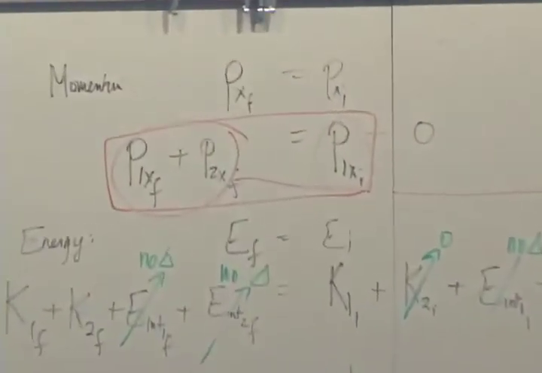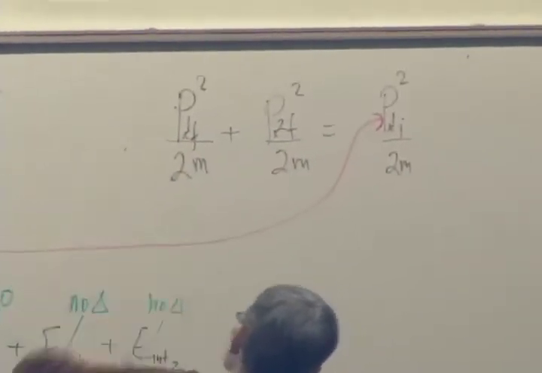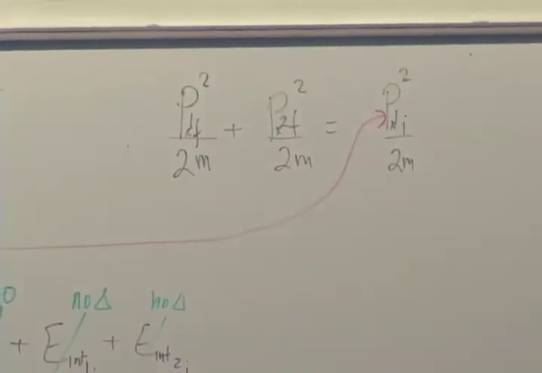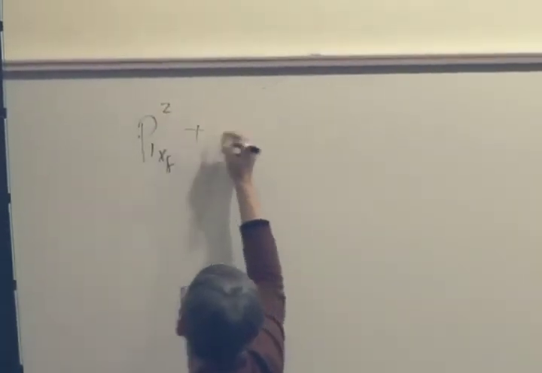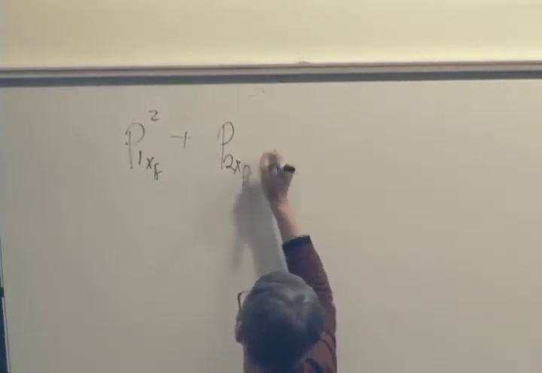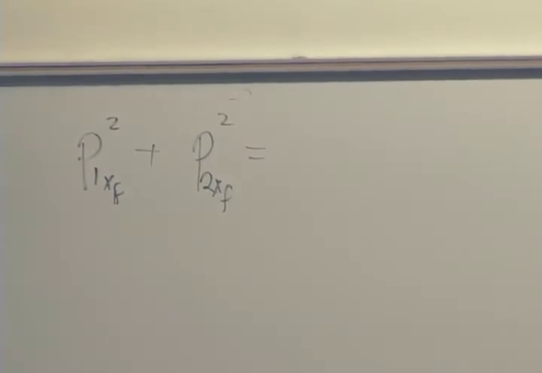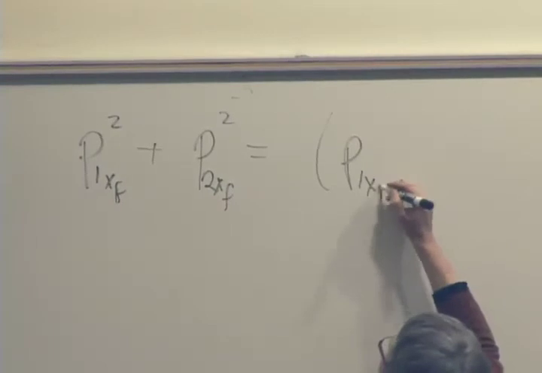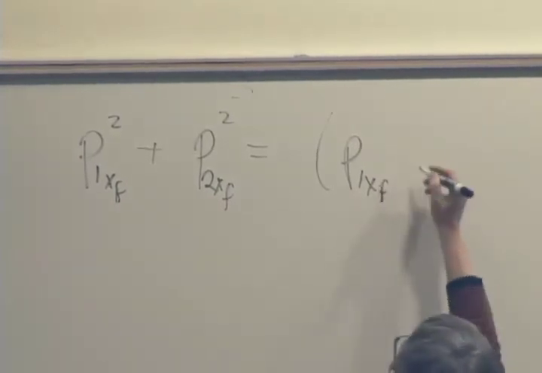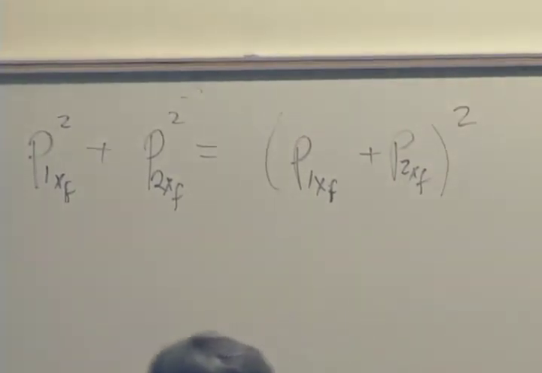So let's rewrite this equation here. We got this from the energy principle. We can multiply through by 2m, so we get P1x final squared plus P2x final squared is equal to P1 squared, but we have this expression, so we've got P1x final plus P2x final quantity squared, just substitution.